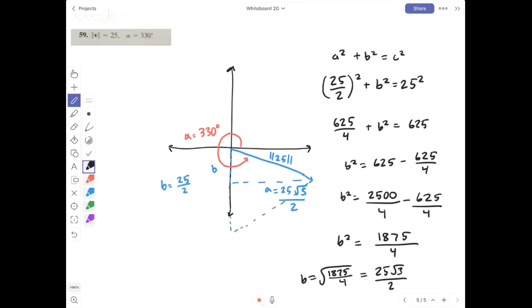Okay, and then I had to state the vector in the ai plus bj form. And that means I've got a is 25 root 3 over 2.